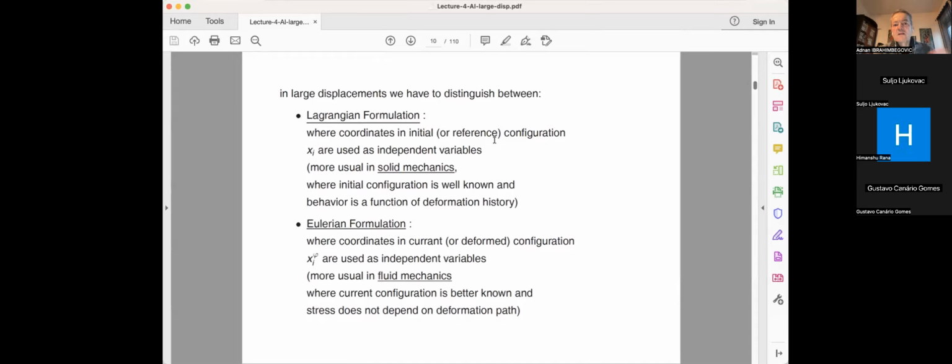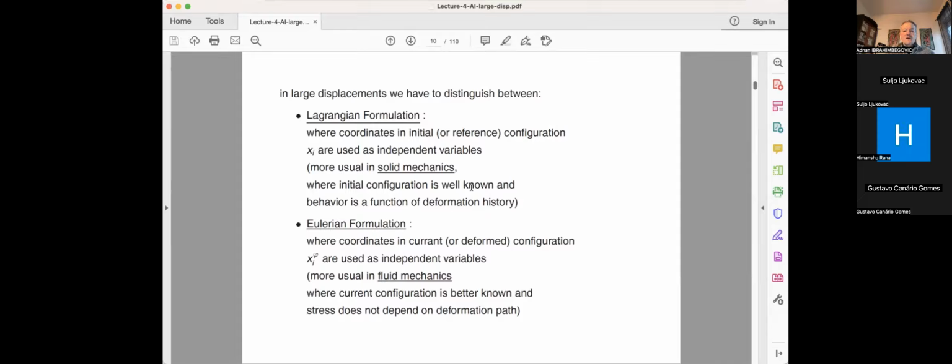They are used as independent variables. The other alternative is that everything is defined on the deformed configuration, and the description is done by the coordinates in this deformed configuration, which are x_i phi.